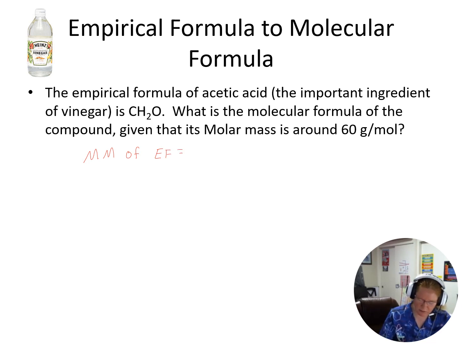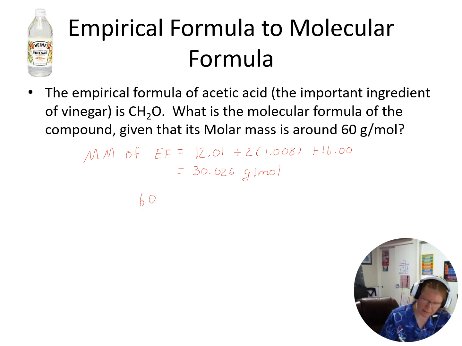It's CH2O, so I do 12.01 plus 2 times 1.008 plus 16, and I get 30.026. Then I take the molar mass of my actual compound divided by the molar mass of that empirical formula, and I get 2. So I know that my molecular formula is a multiple of 2 of the empirical formula.